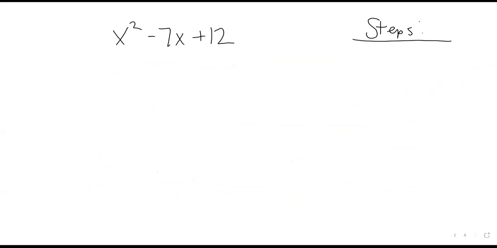Step 1, multiply A times C. So remember that this is ax squared plus bx plus 12. Okay, so what is A?